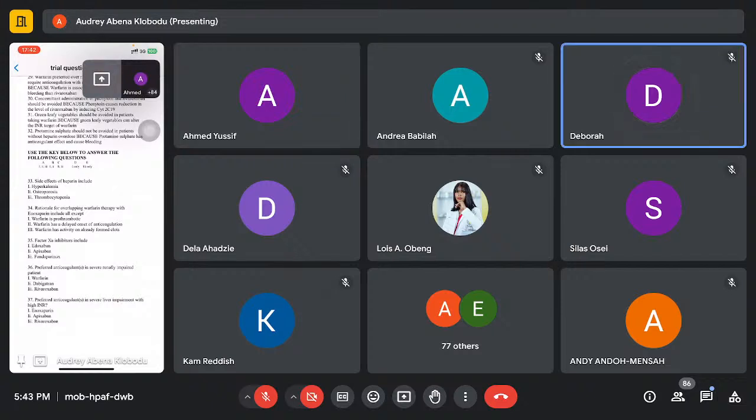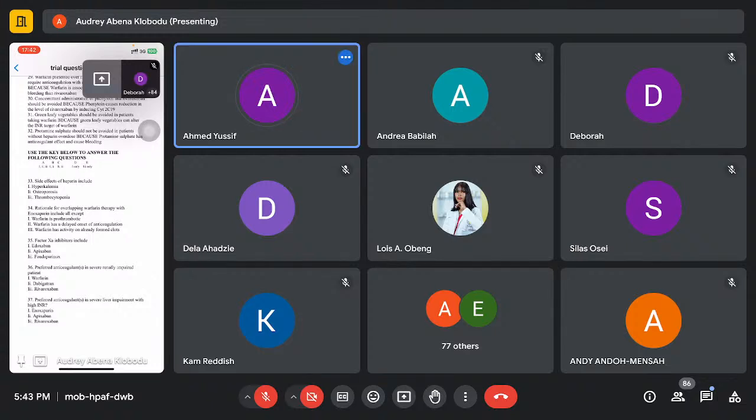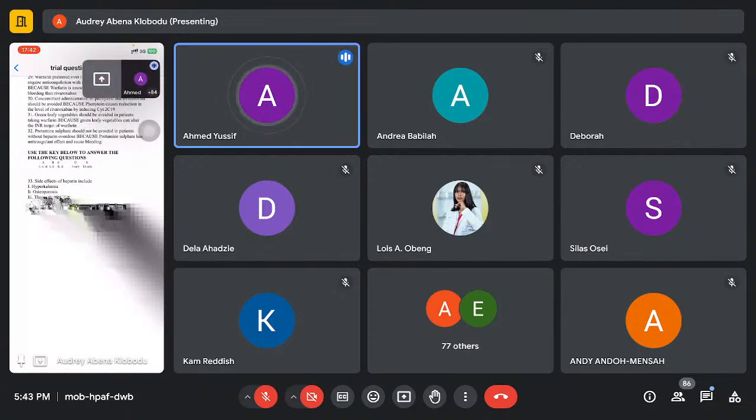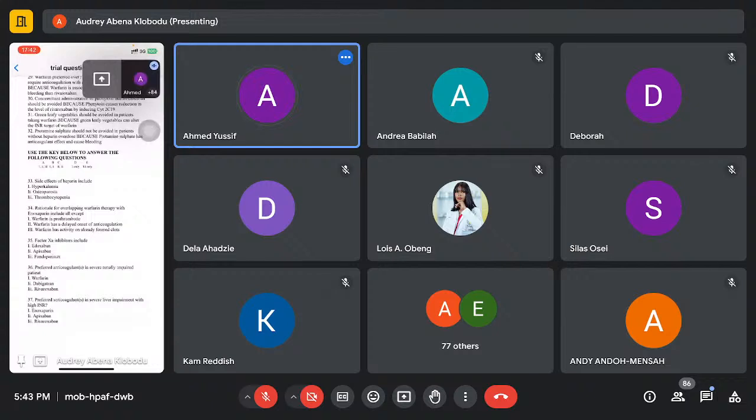D. Okay, I'm hearing D. Any other answer? Yeah, so the answer is D. Warfarin is preferred in patients who have severe renal impairment. So it's preferred over dabigatran and rivaroxaban.